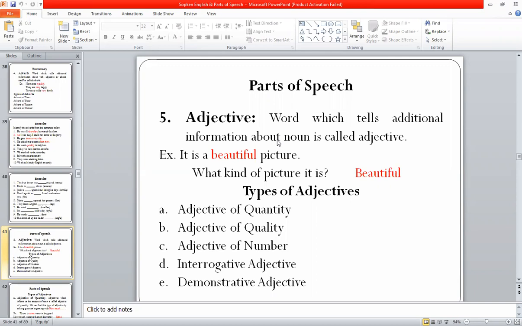These are adjectives related to quantity, quality, number, and to interrogative and demonstrative words. So let's see it one by one.